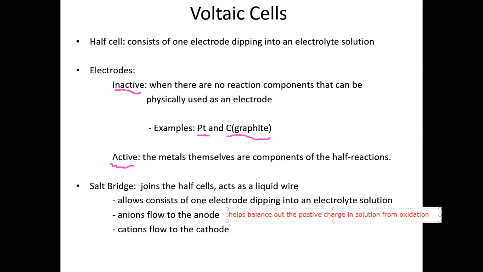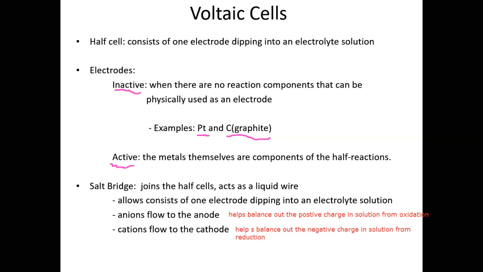The cations flow to the cathode to help balance out the negative charge in solution from reduction. As you're doing your reduction at the cathode, it's consuming the cations in solution, so the salt bridge brings in more cations to help balance out the negative charge from the deficiency of positive charge.